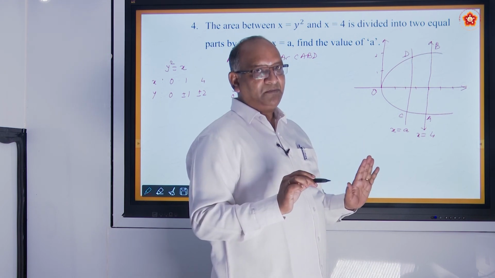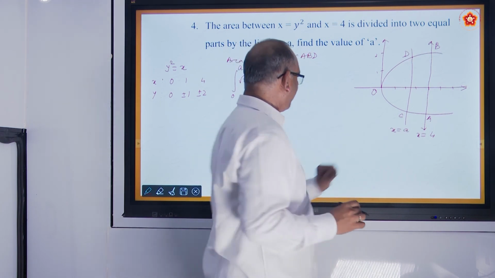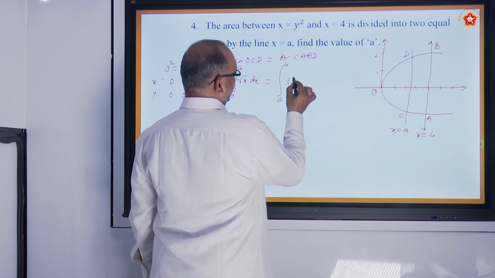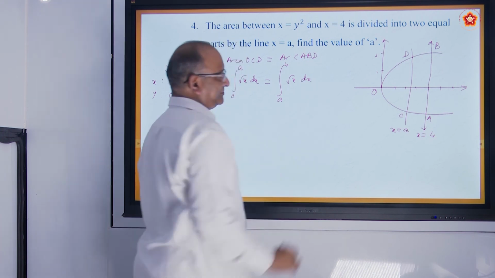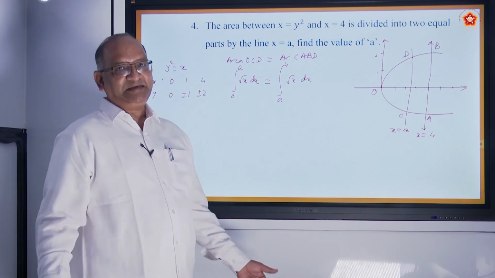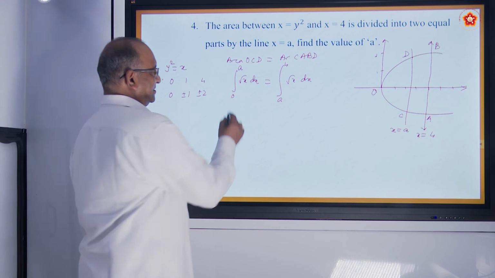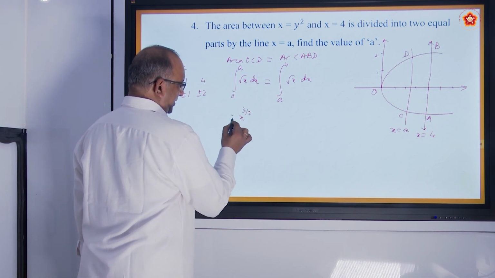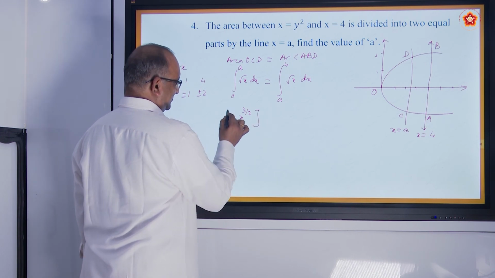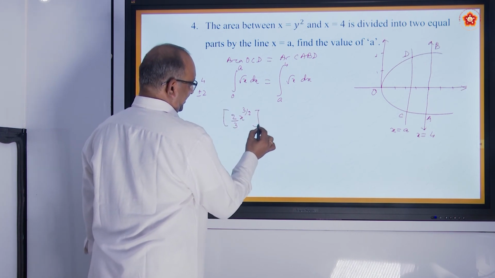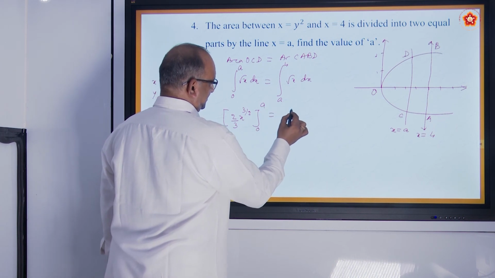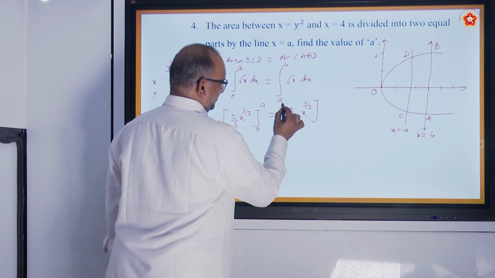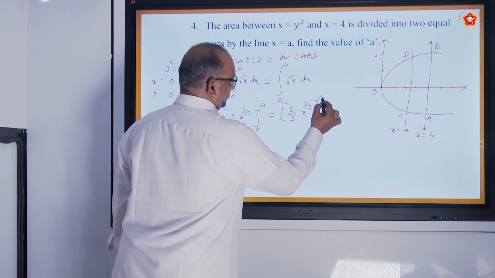So the curve is same, but the limits are from A to 4. And again root x dx. Why? Because the function is same, the curve is same. Integrate root x, we know that it is x to the power 3 by 2 into 2 by 3, 0 to A, equal to the same 2 by 3 x to the power 3 by 2, but now the limits are from A to 4.